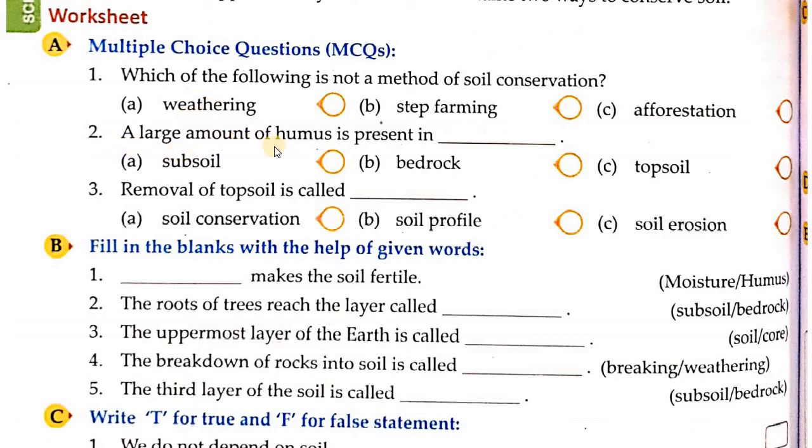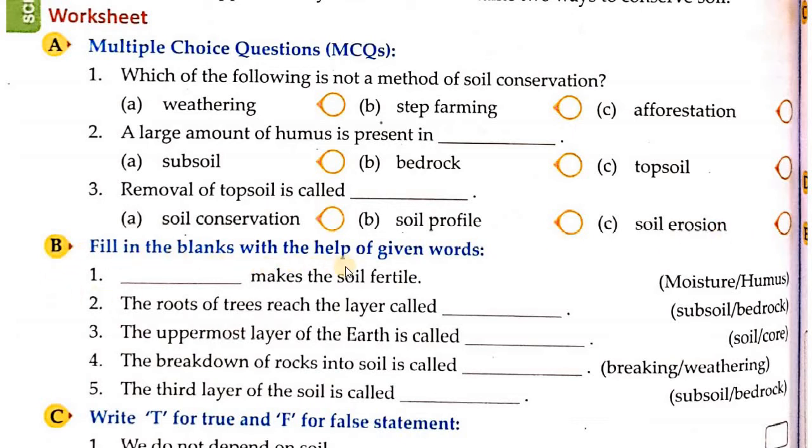A large amount of humus is present in subsoil, bedrock, topsoil. It's in topsoil. Number 3. Removal of topsoil is called soil conservation, soil profile, soil erosion. Of course, it's soil erosion.